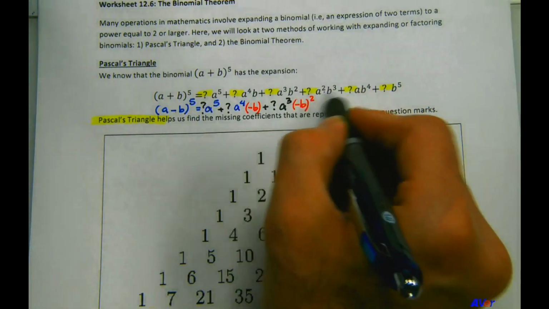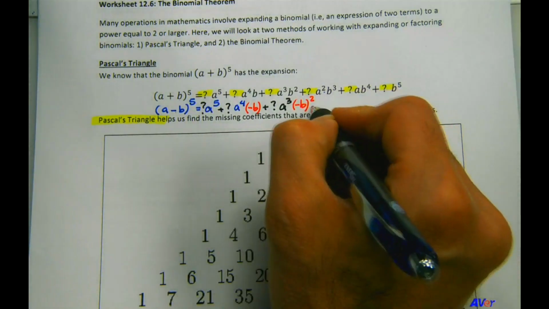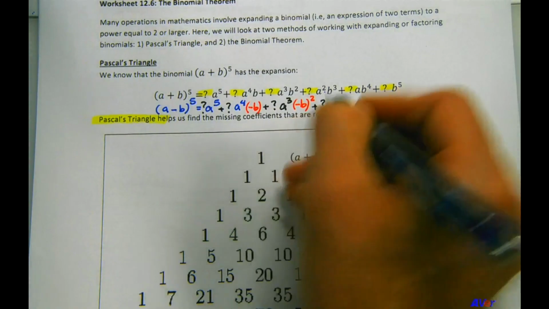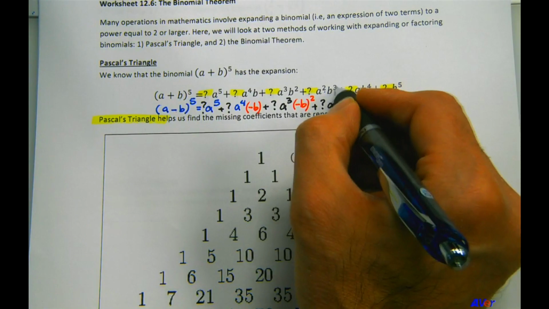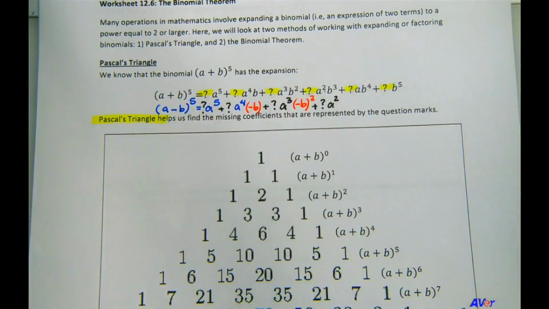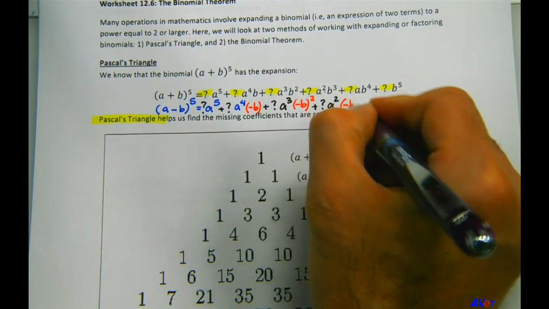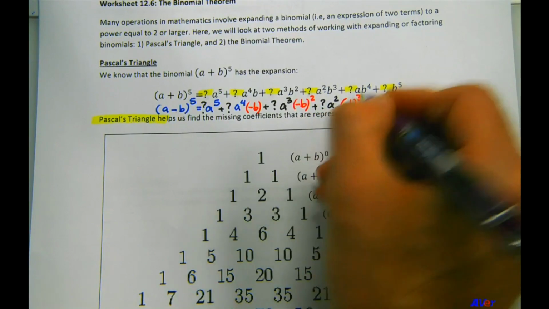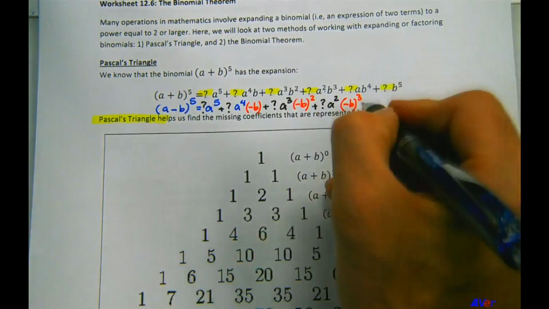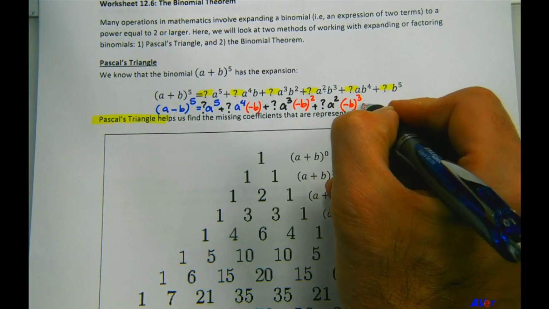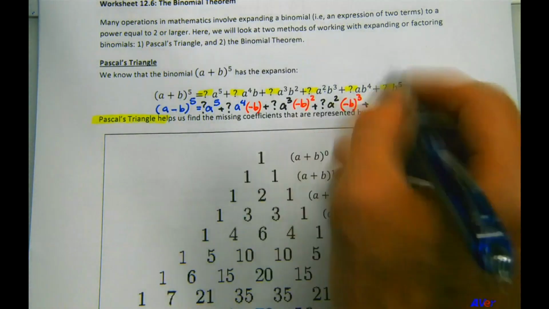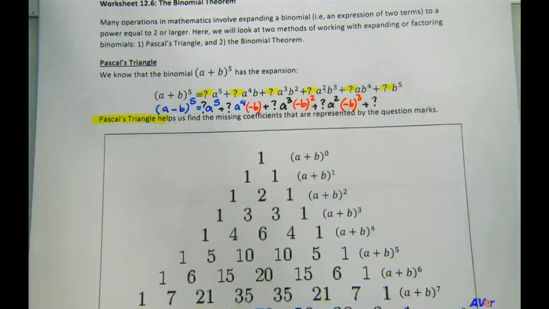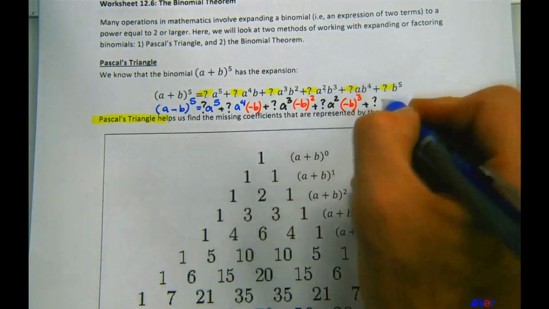And then for the fourth term, we have plus the question mark again. A squared is a squared, but in b cubed, it'll be minus b cubed. Okay, then we continue, plus the question mark. Then a is a.